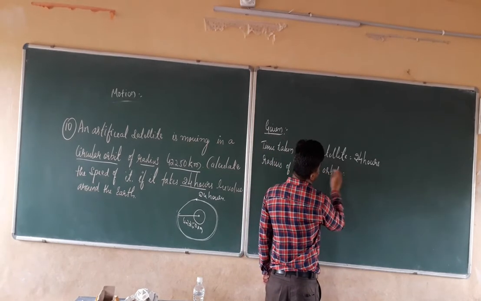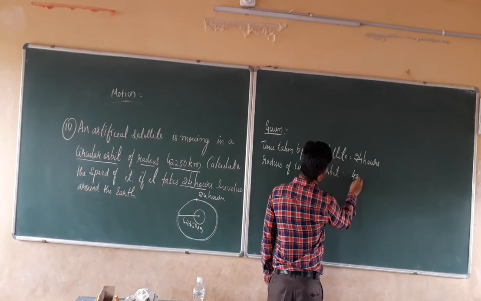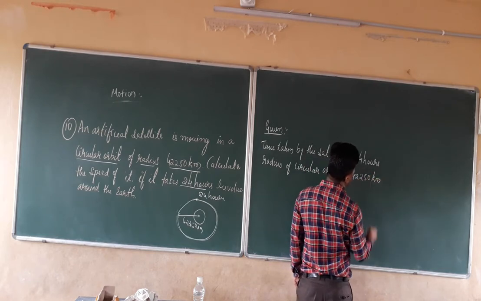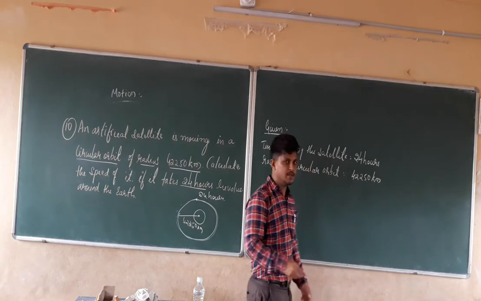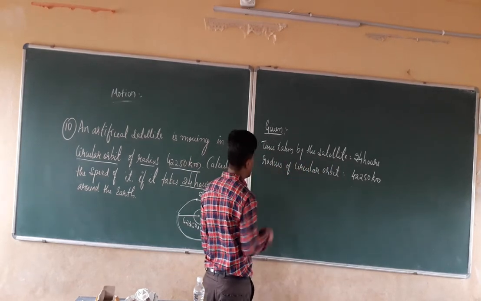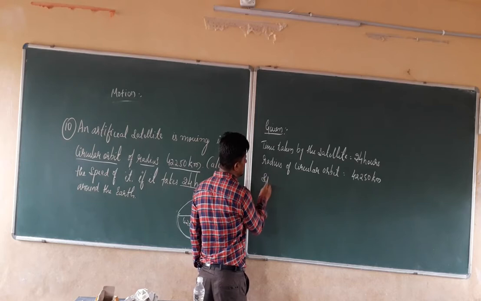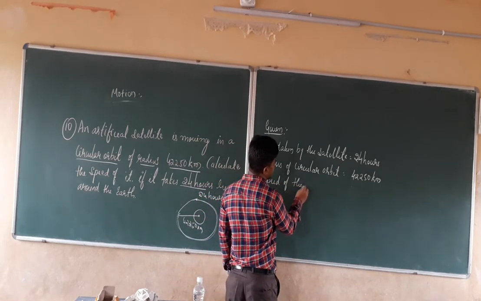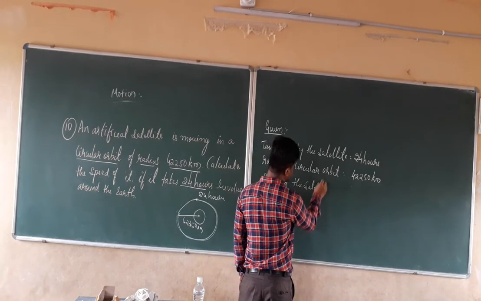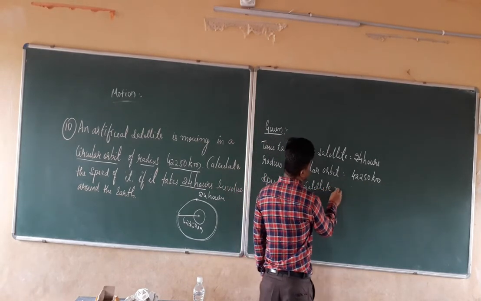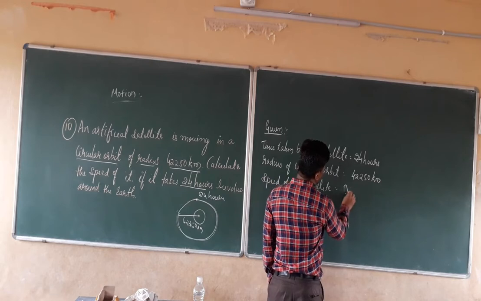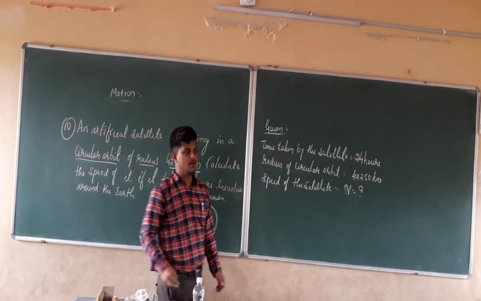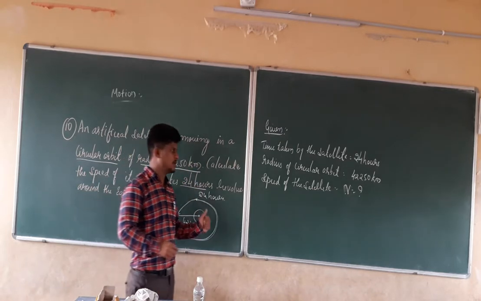That is equal to how much? It is equal to 42,250 kilometers. So what do we have to find out? We have to find out the speed of the satellite, that is v equal to question mark.